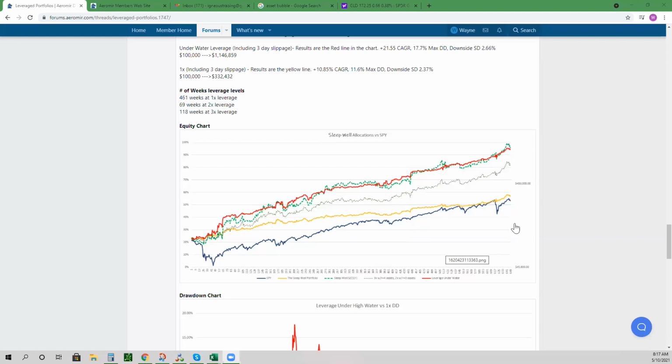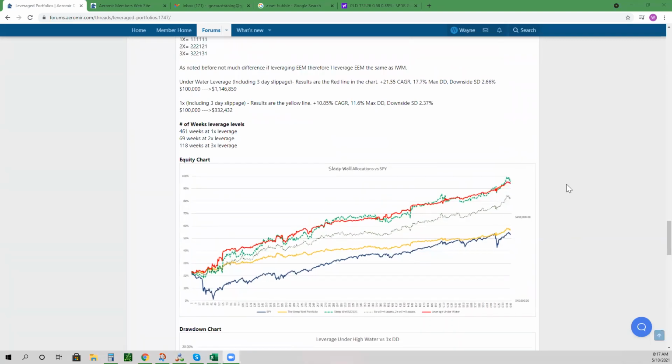This is all up to about mid 2020, by the way, so this isn't purely current. And this red line is what I'm talking about today, where when it gets drawn down, you go from a 1x to a 2x, and if it draws down more, you go to a 3x.